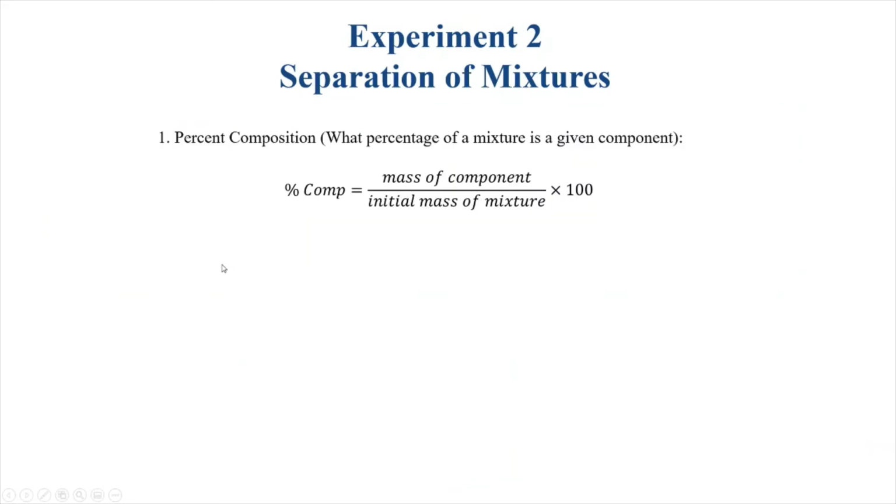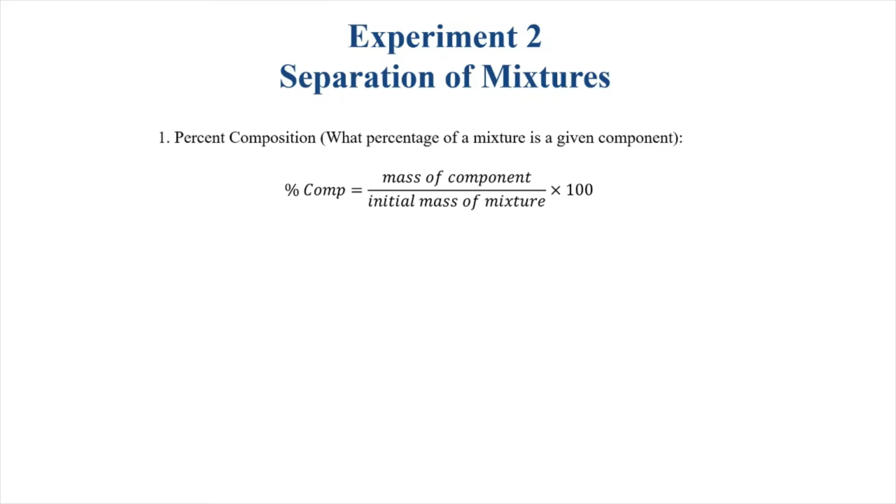Okay, so in the separation of mixtures experiment, we have to talk about a couple of very important concepts that can be defined both in terms of words, but also in terms of mathematical definitions. So a percent composition: if we want to characterize a mixture composed of several different things, a qualitative description of that would be the fact that you have more of one thing versus another.